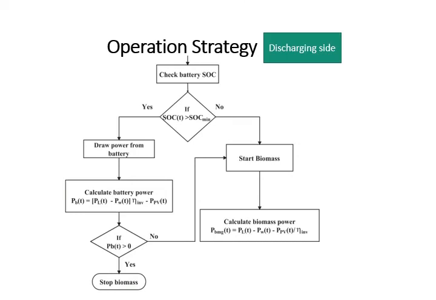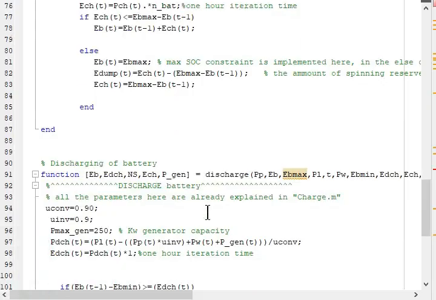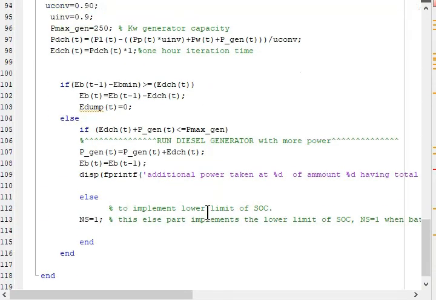So let's discuss the discharging behavior. The discharging code is here. First of all, we are calculating the discharging amount that should be provided from the battery. Here it will be solar. The load that was met by the wind will be multiplied by the inverter efficiency.